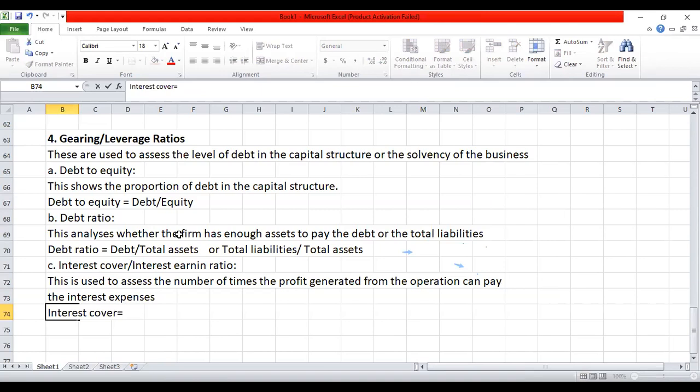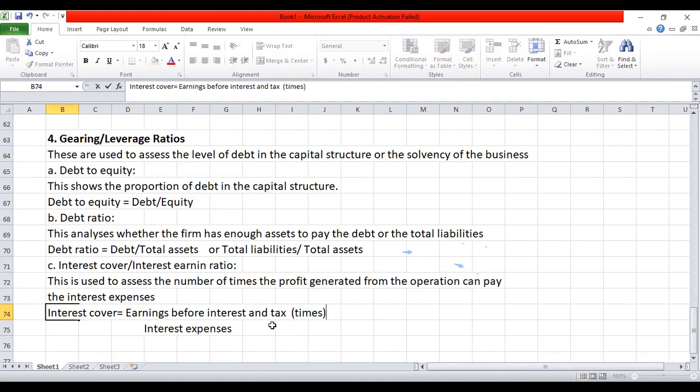So when we are computing our interest cover, it is equal to earnings before interest and tax divided by the interest expense. So the answer here is also given in times.